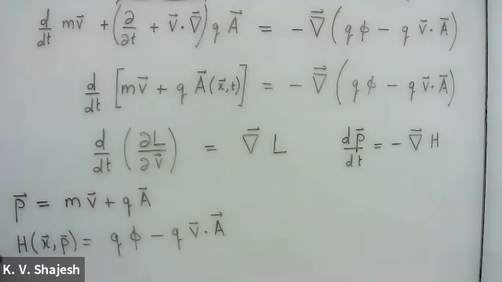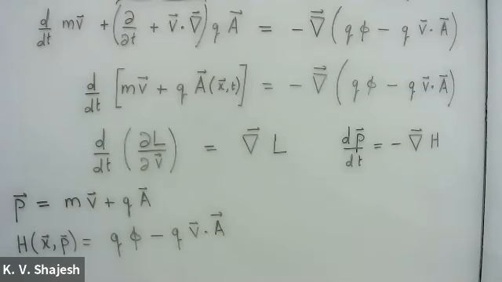Instead of going from the Lagrangian to the Hamiltonian, now I'm going to go from the Hamiltonian to the Lagrangian, and at this stage we can immediately ask, is this okay or not? Because I'm going to write the Hamiltonian, right?